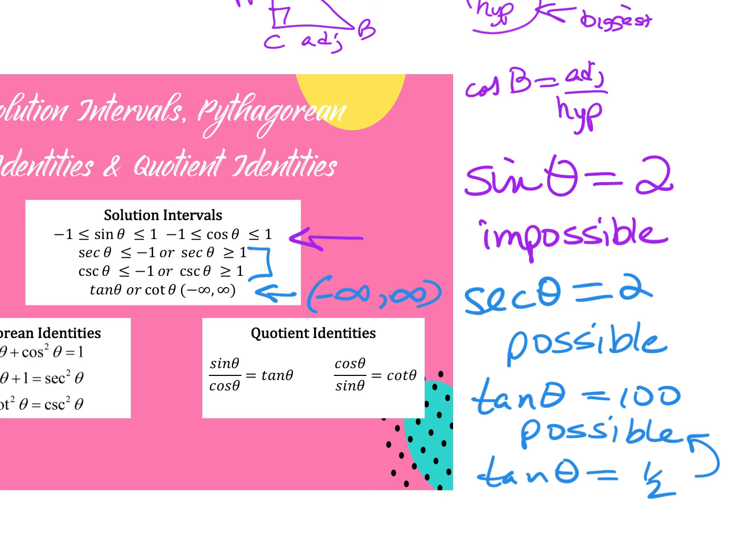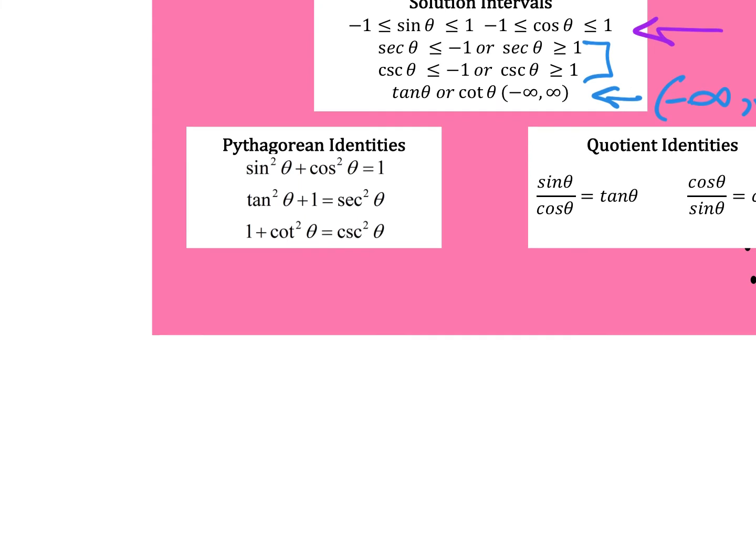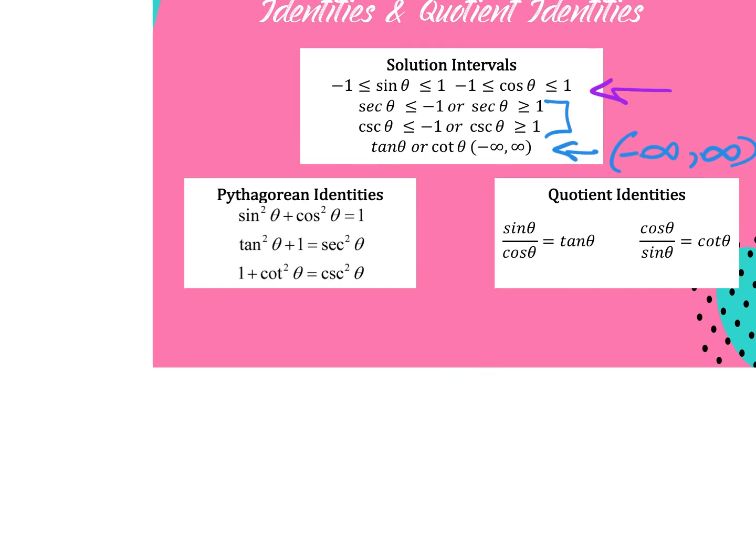Now, for the Pythagorean identities here, you need to be able to manipulate these and memorize these 3 Pythagorean identities. And what I mean by manipulate them, we're going to be using these Pythagorean identities for like substitution. You're going to need to memorize all of them.